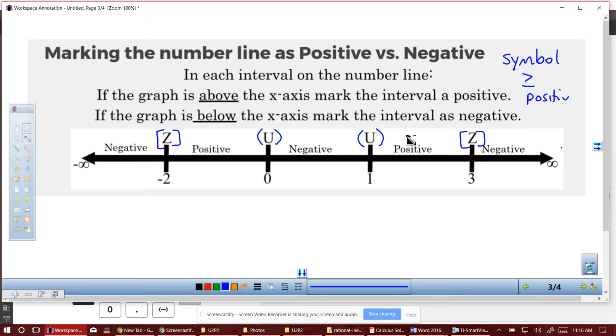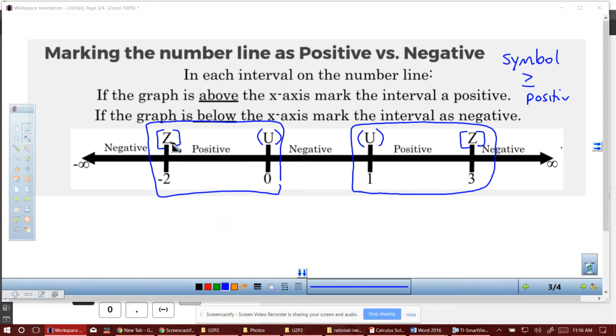So I want all the positives. So I want this interval right here. And I want this interval right here. Okay, so I'm going to use a square bracket around the -2 all the way to 0, but that is a parenthesis. I'll say union. And then we said 1 to 3. Square bracket because, again, the equal to. So this will be my solution to my problem.